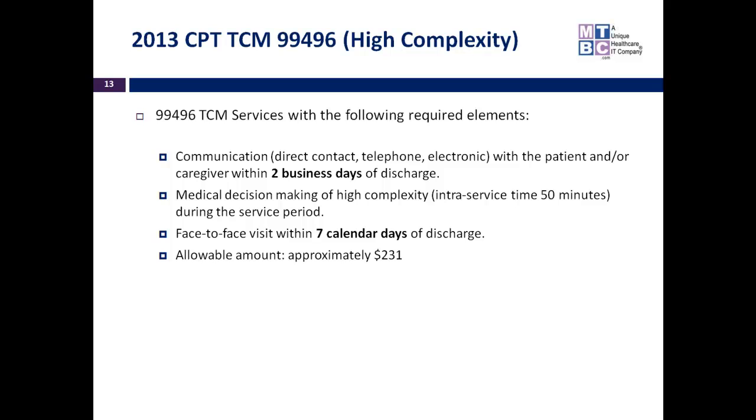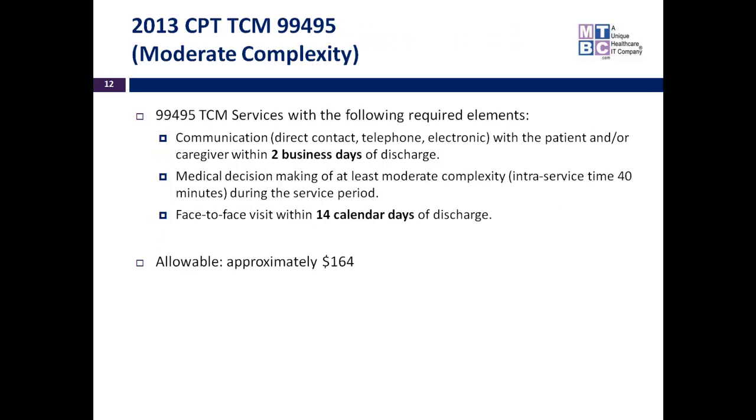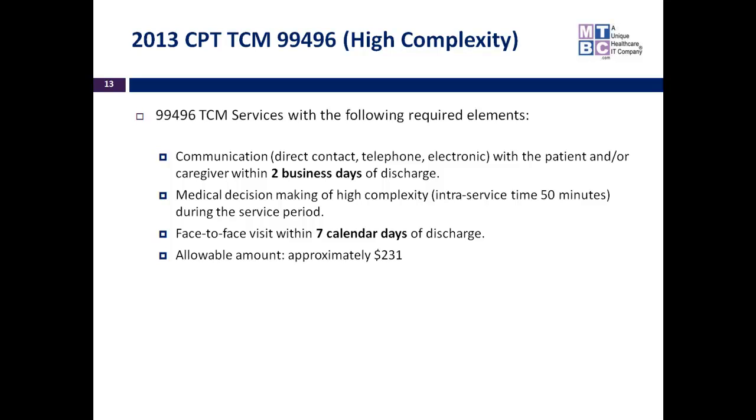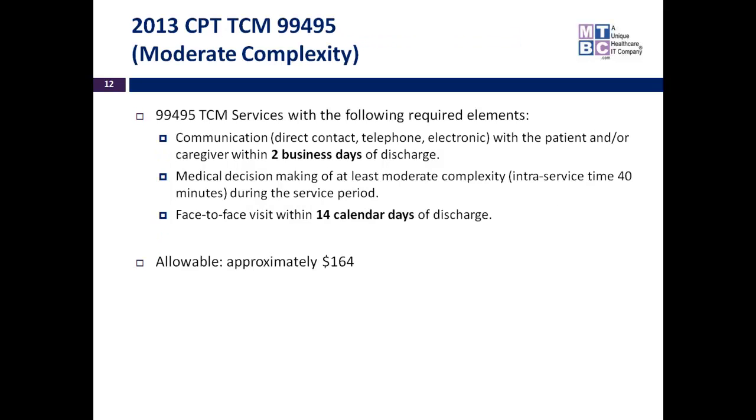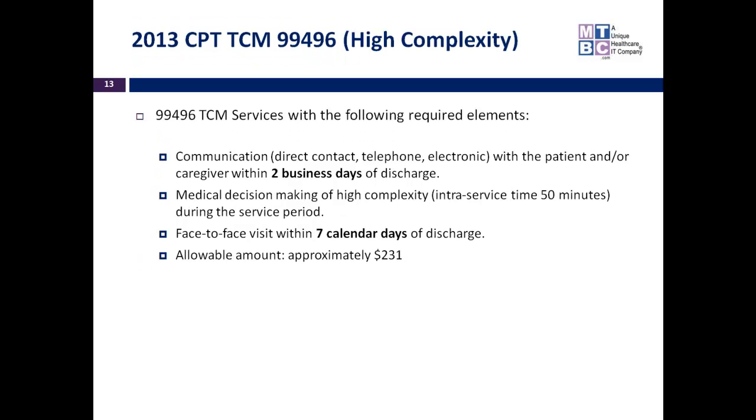This is, like I said, high complexity, so the service time has increased from 40 to 50, an extra 10 minutes. And the face-to-face visit will be within 7 days of discharge instead of 14 days of discharge, cutting it in half. However, to compensate for that, the allowable amount is now approximately $230, an increase of about $70.